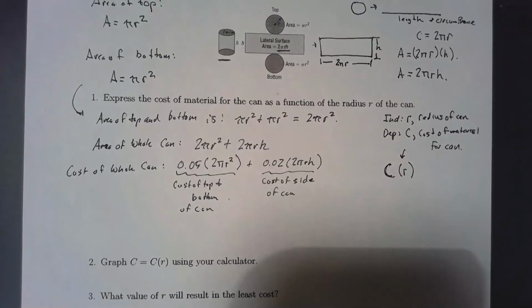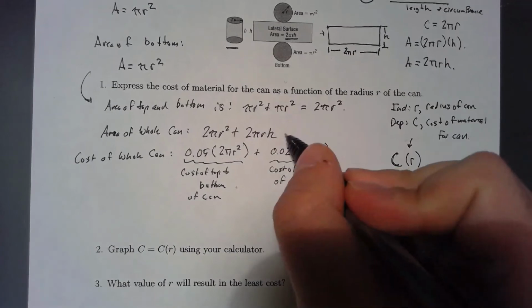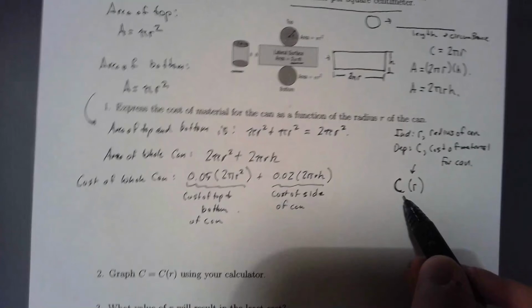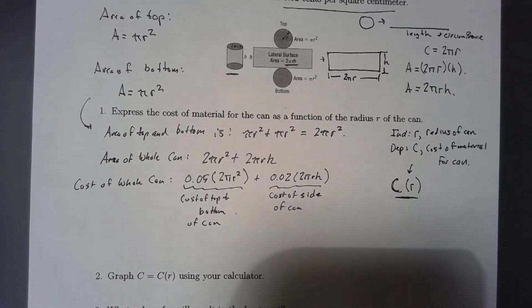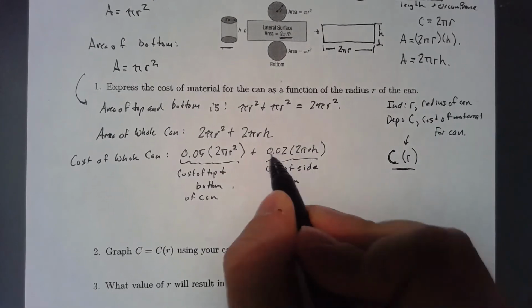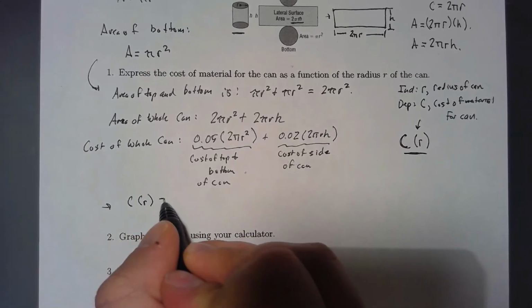All right. So we're one step closer to finding our cost function to manufacture this can, because we're trying to find that function as a function of r. So if I do a little simplification here, I'm going to get C of r.